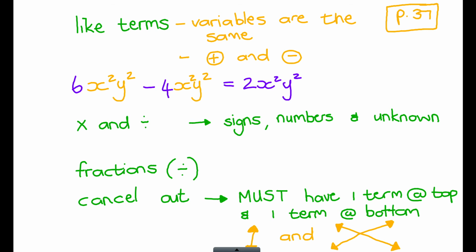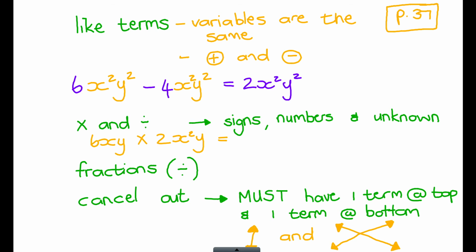So an example will be 6xy times 2x squared y. Okay, now, because we are multiplying, the variable is going to change.